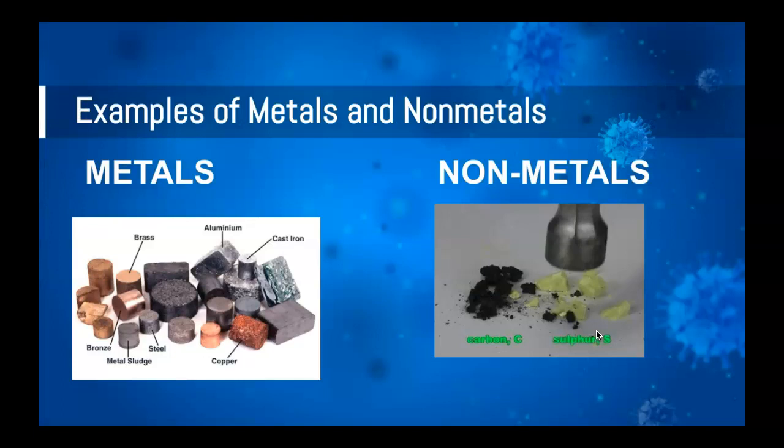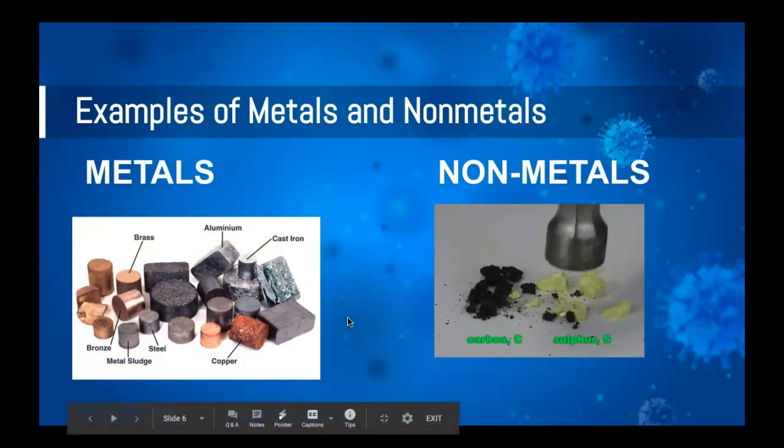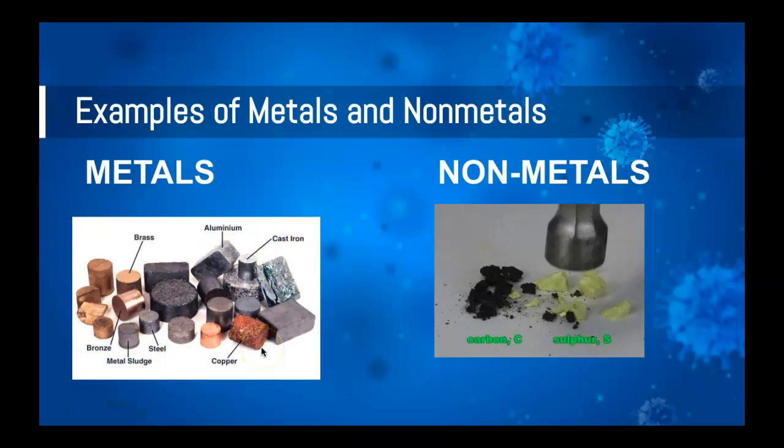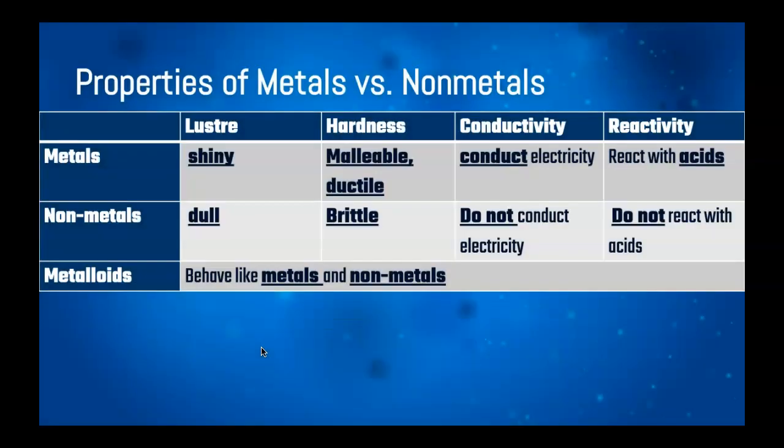So some examples. Metals you're probably pretty familiar with. Iron, copper, steel, bronze, aluminum, gold, silver, mercury. These are all metals. And again, looking back at the properties, you see shiny, malleable or ductile. You can think of something like aluminum foil.